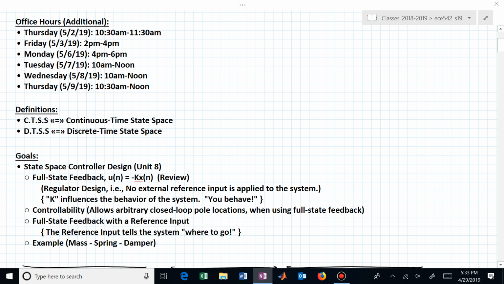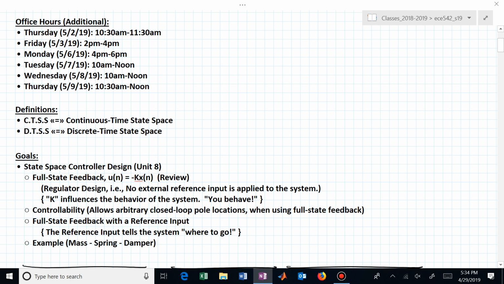What I want to do today is review what we did last time. We're in Unit 8, which is State Space Controller Design. We want to work through a full state feedback problem, which if you are applying a full state feedback design strategy, you're not yet including a reference input, and for that reason this is referred to as a regulator design.